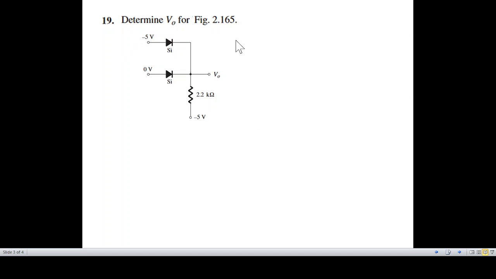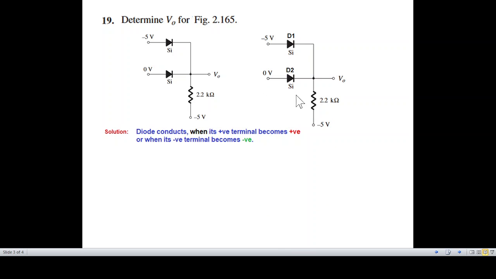Okay, the next question is exactly same except that the direction of diodes have been changed. So we'll follow exactly same logic. We mark the diode, and now you see which one is more positive.